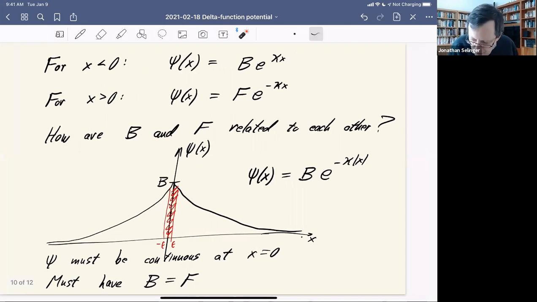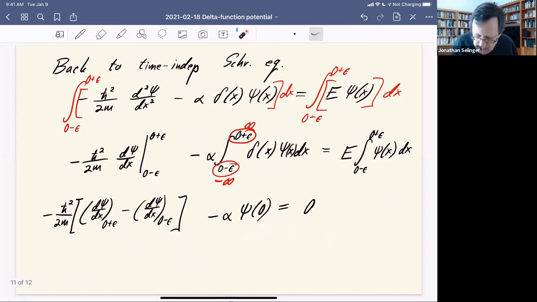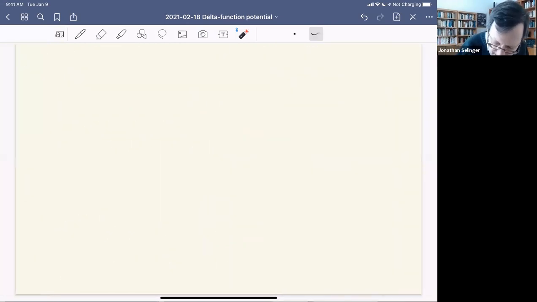Okay, so let's put those numbers into this equation right here. That then says negative ħ² over 2m.